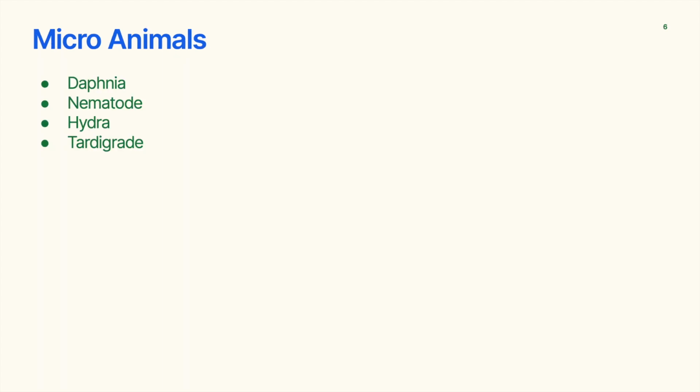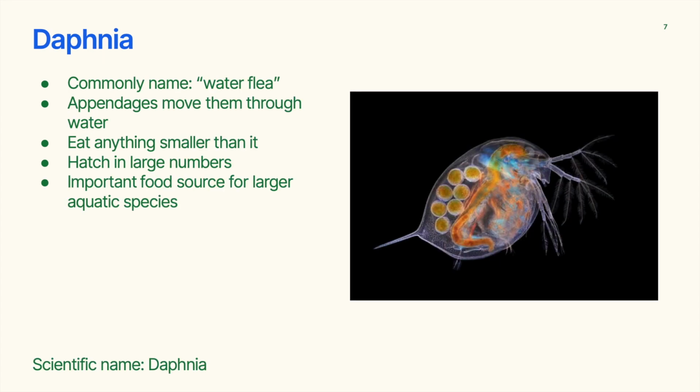Without further ado, let's discuss the microanimals that I actually observed. First and foremost, the Daphnia, otherwise known as the water flea. These are microscopic animals that are very, very common, and they have appendages that move them through the water.